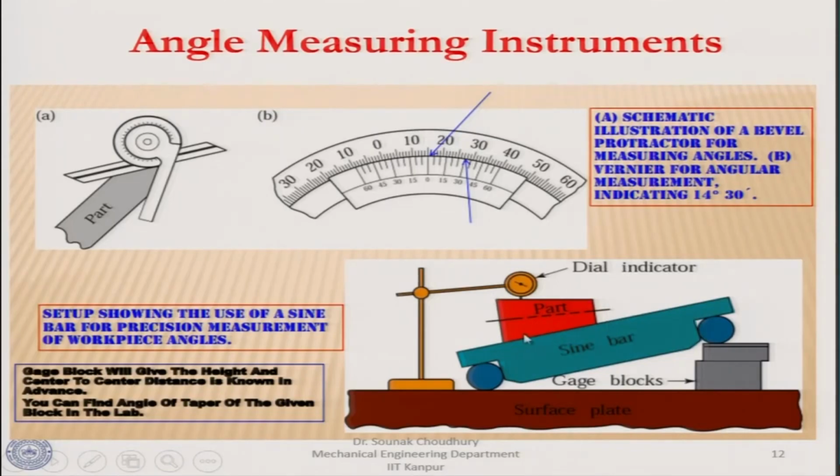In this case, the taper angle has to be measured, so the sine bar is attached to this and adjusted to this surface, with the help of gauge blocks, and the dial indicator will show you the angle with respect to this. Now, gauge blocks give the height, and the center-to-center distance is known, from here to here.